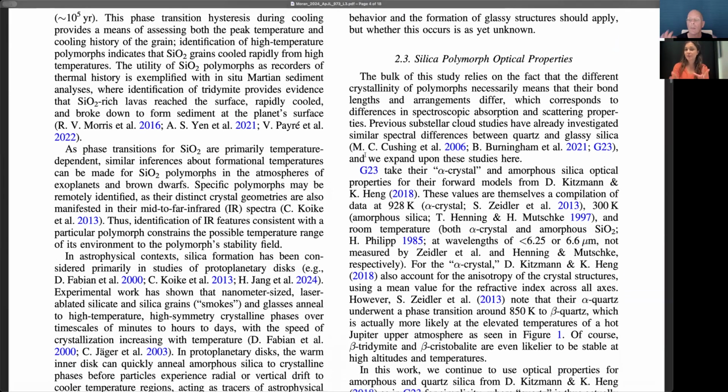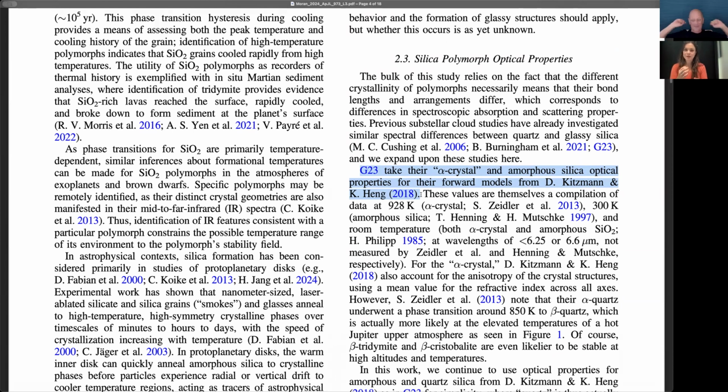Even that is a little bit fraught, with this paragraph that says G23 take their alpha crystal and amorphous silica properties from this database. The databases that do exist, purely because of a lack of laboratory data, are often stitching things together.